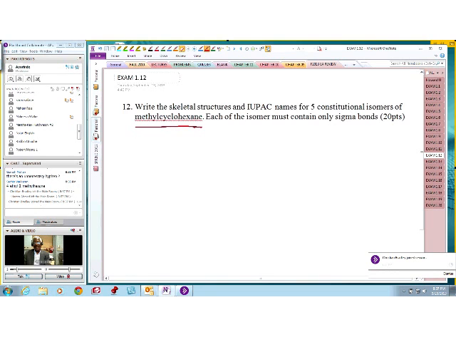Each of the isomers must contain only sigma bonds. Thank you, very good. In other words, all of the carbon atoms in this molecule must be sp3 hybridized carbon atoms.